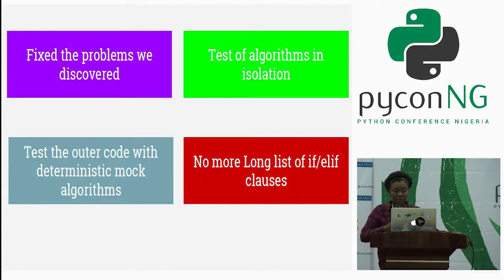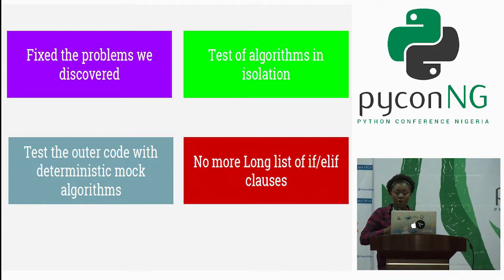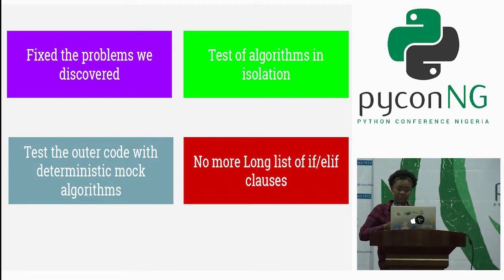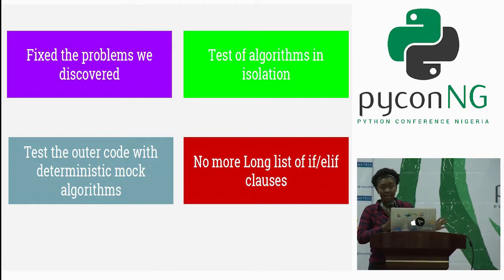You can test outer code with deterministic algorithms, and there are no more long lists of if, elif, or even else. That is how the strategy pattern helps make our code readable and writable.